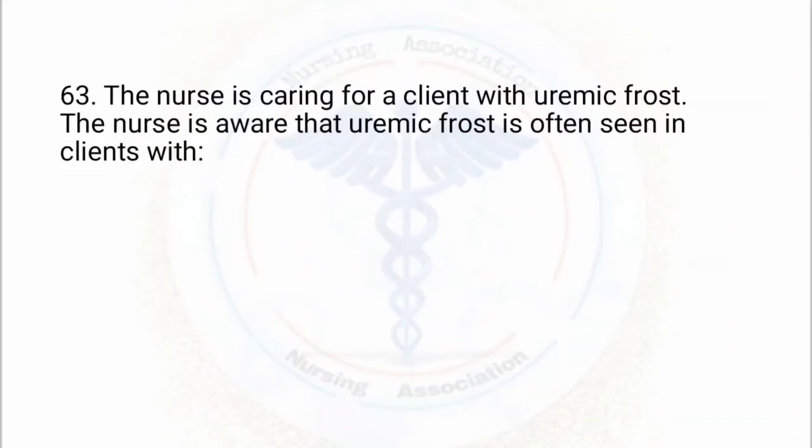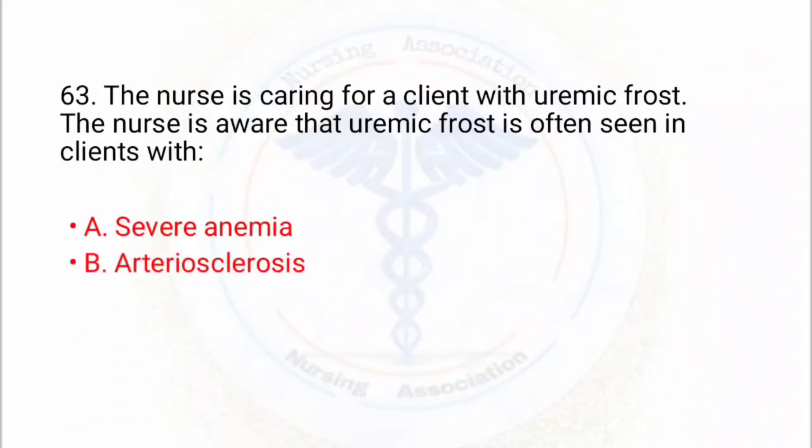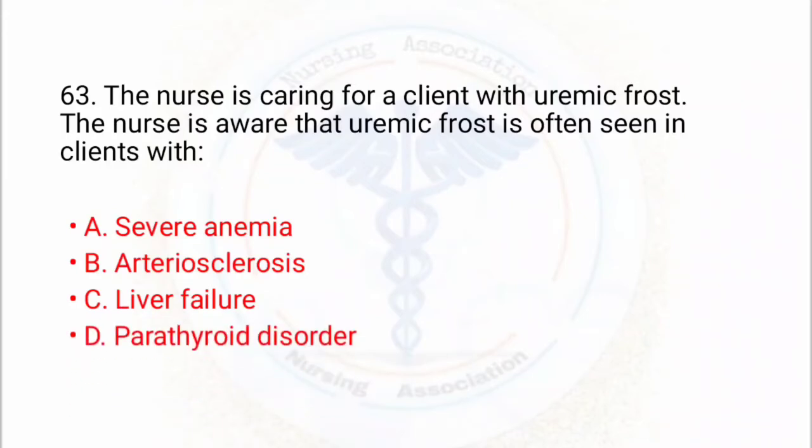Question number 63. The nurse is caring for a client with a uremic frost. The nurse is aware that uremic frost is often seen in the client with severe anemia, arteriosclerosis, liver failure, or parathyroid disorder.